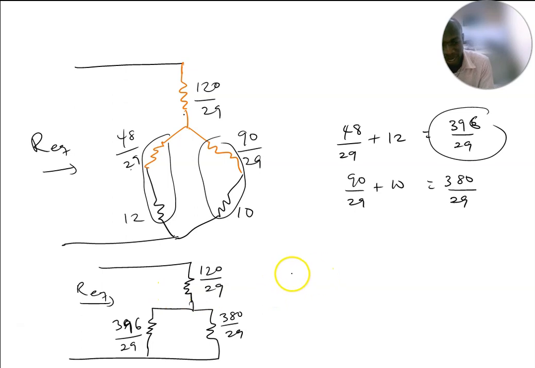So with this one, the R equivalent, the equivalent resistance is going to be this in series with the parallel combination of these two.